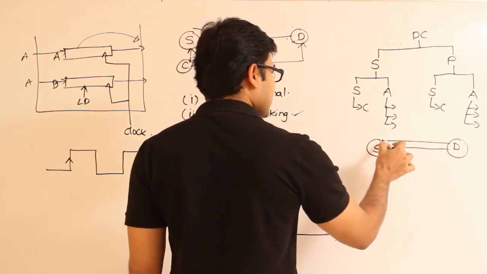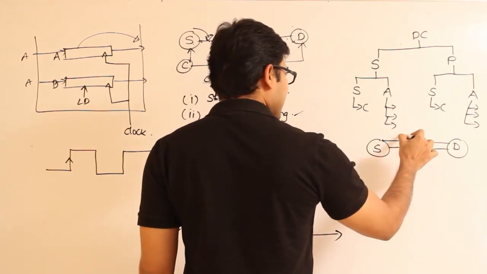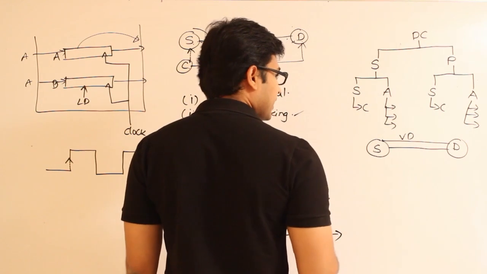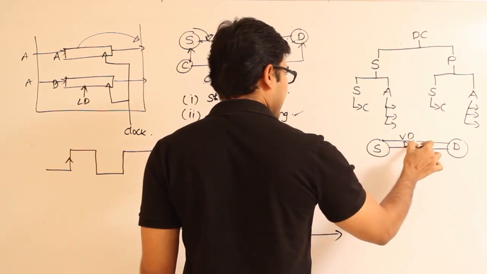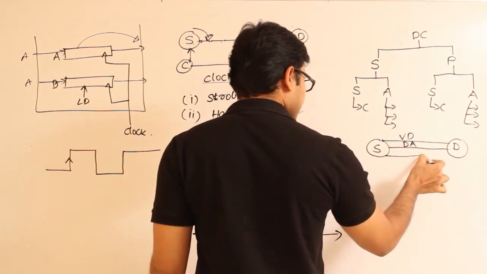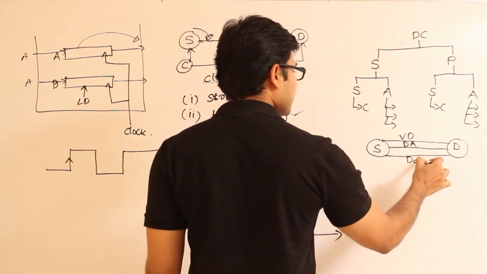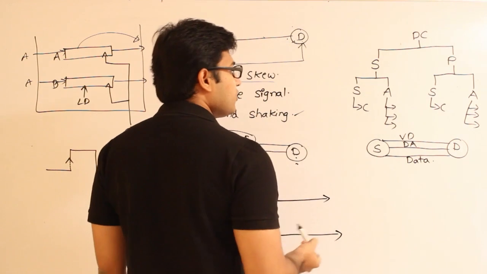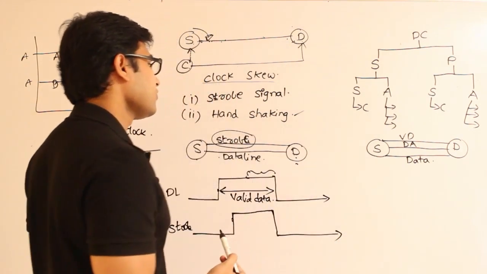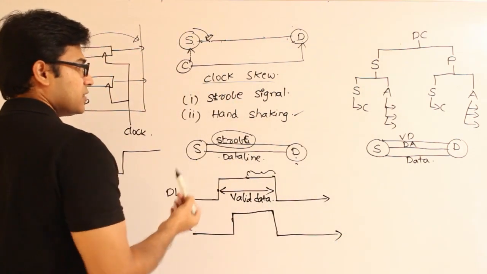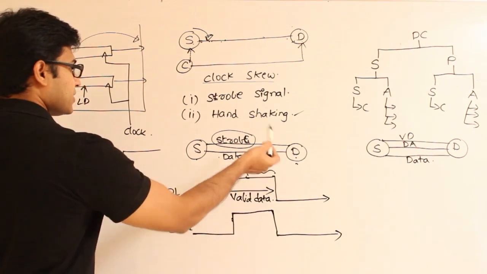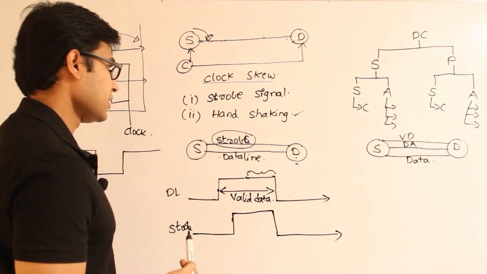One line should say that there is some valid data, and other line should say that data is accepted, and the other line, either it is a single line or a parallel line, it should actually contain the data, right? Now using this, we can solve this particular problem, right? The problem is, sometimes destination might not read the data.